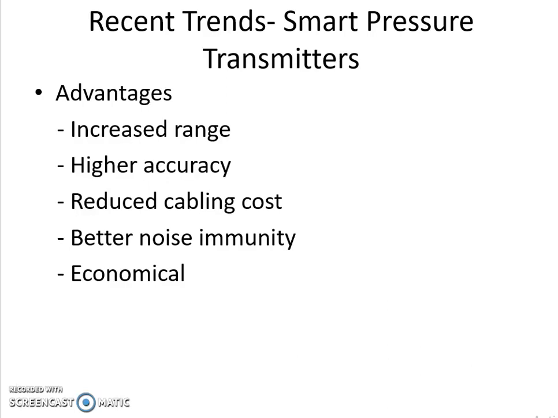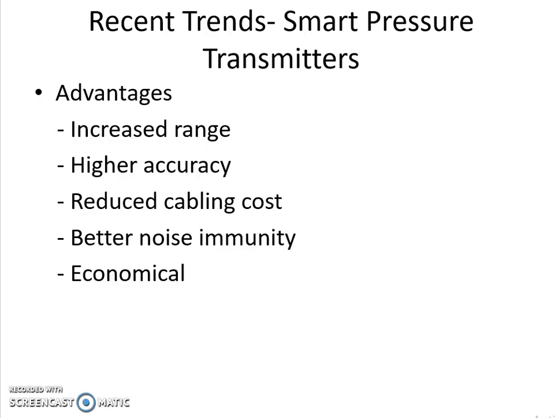static pressure and temperature. In order to measure differential pressure, we have to compensate for the effect of static pressure as well as temperature, and this is possible with the help of smart pressure transmitters. The main advantages of these smart pressure transmitters are rangeability and reliability.